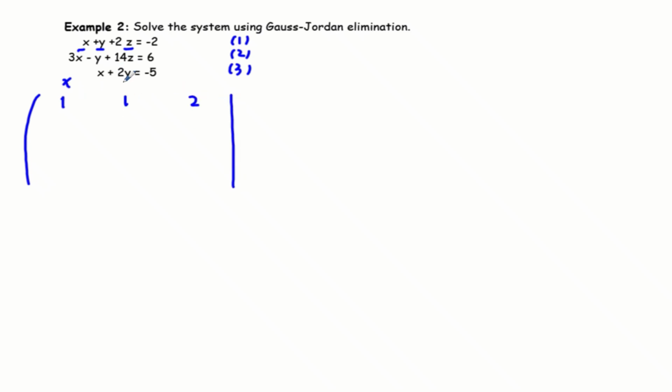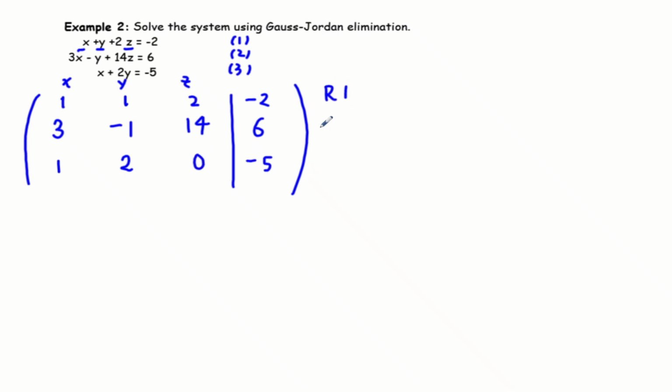So this is x, this is y, this is z, and this is the constant on the other side of the equation. So the second one is 3, y is -1, z is 14, and the constant on the other side is 6. The last one is 1 x, 2y, no z means 0 times z, then -5. So row 1, row 2, row 3.